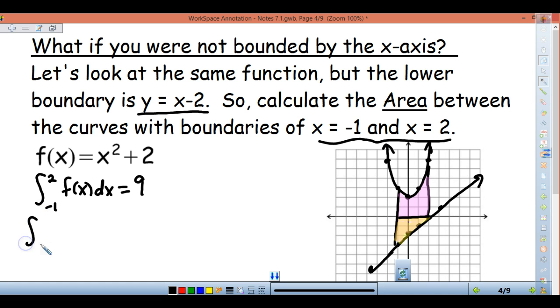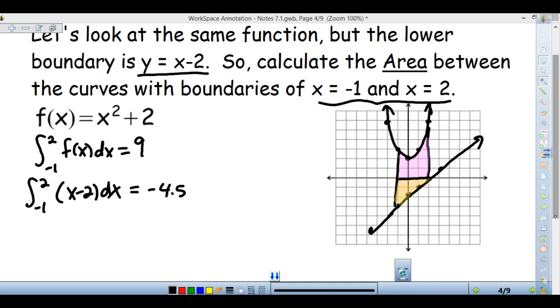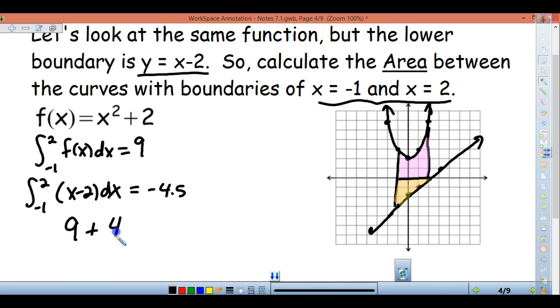Well, the area from -1 to 2 of x minus 2 dx, if we calculate that, you can either use the area of a triangle formula if you're interested in that, or you can take the antiderivative, but that area turns out to be -4.5. So if we want to find the total area from under the parabola all the way down to that line, it would be 9 plus 4.5, which would be 13.5.